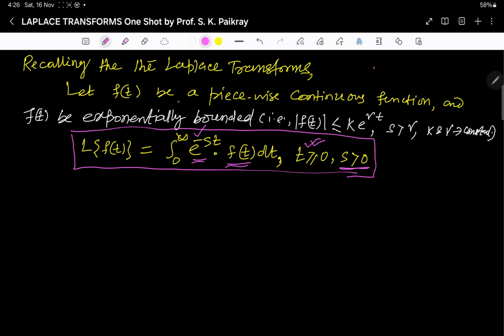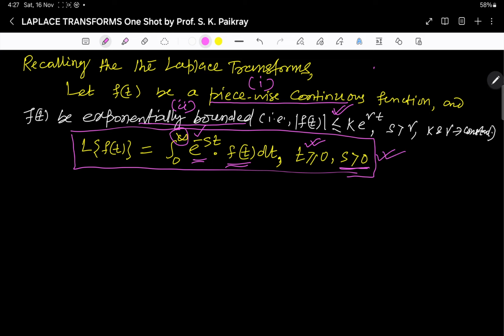So, when the function f(t) is piecewise continuous, mark this as condition 1, and the second condition is exponentially bounded, mark this as condition 2. Exponentially bounded means mod f(t) is less than k e to the power gamma t. If these two conditions hold, then we can say the Laplace transform exists, right? And the Laplace transform exists means there is a chance of convergence of this integral, as it is an infinite integral.